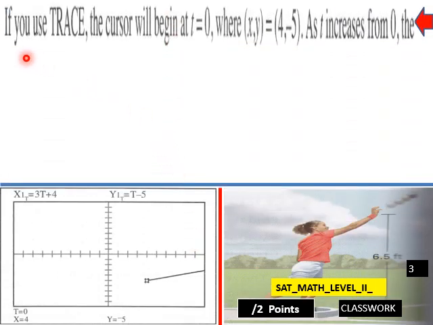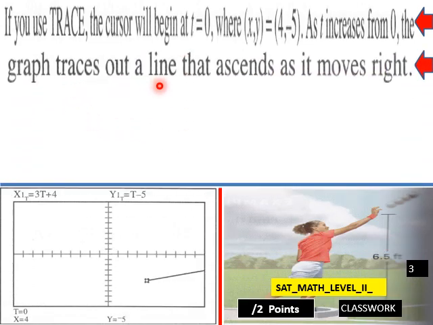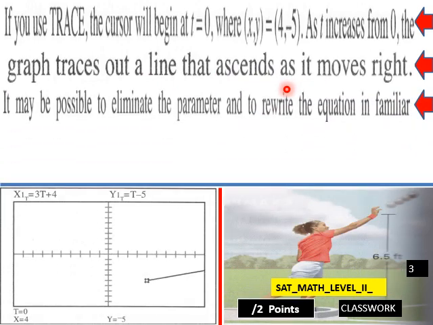If you use trace, the cursor will begin at t equals 0, where x, y equals 4, negative 5. As t increases from 0, the graph traces out a line that ascends as it moves right.